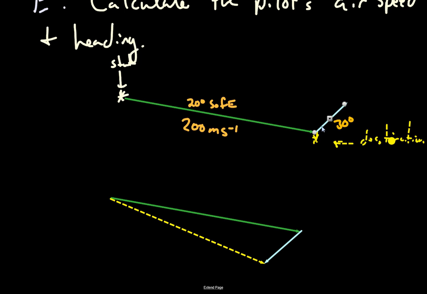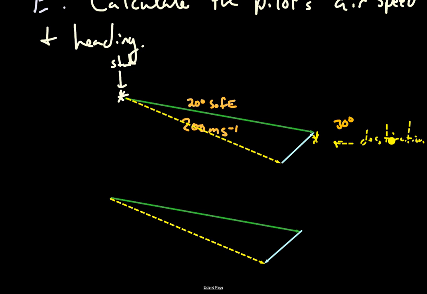I grab this and I put it here, and I grab this, put it here. What we should see is, if I fly my plane down here, the wind will add to that vector, and the resultant vector will be the direction I want to travel. So the result of where I aim my plane, and the velocity that I have, plus the wind, should put me on the route that I require.